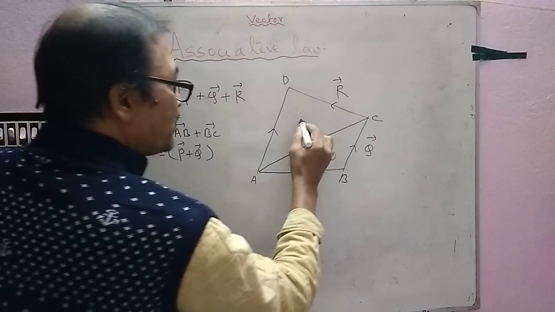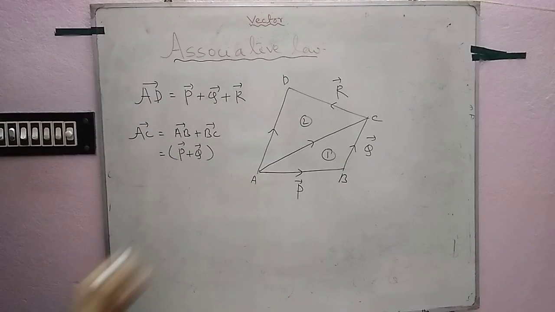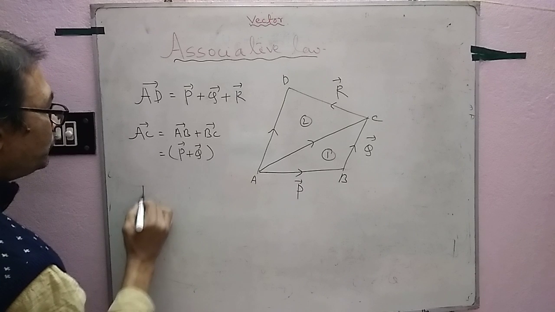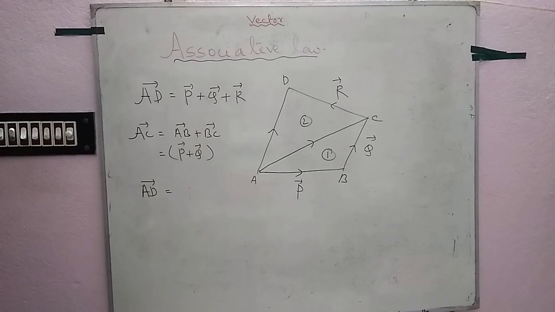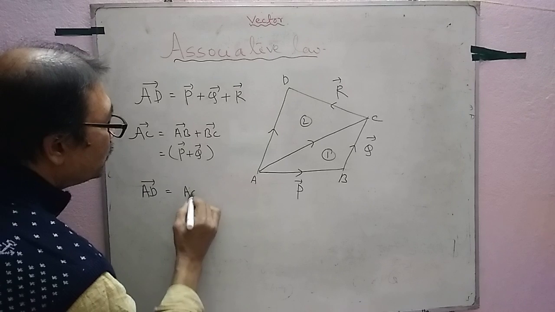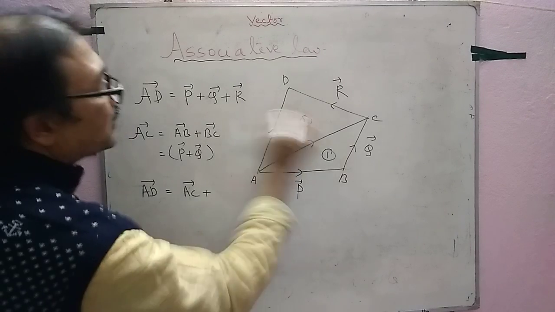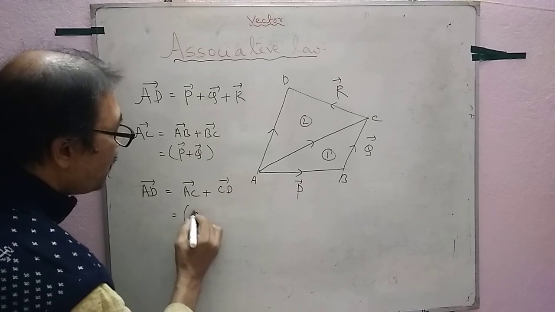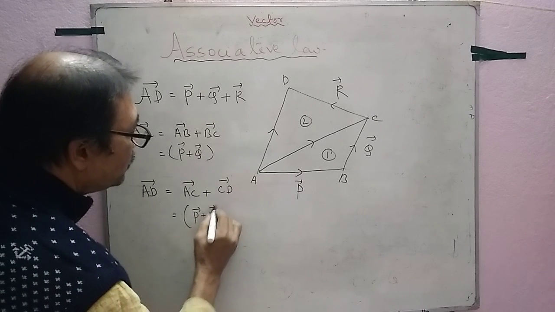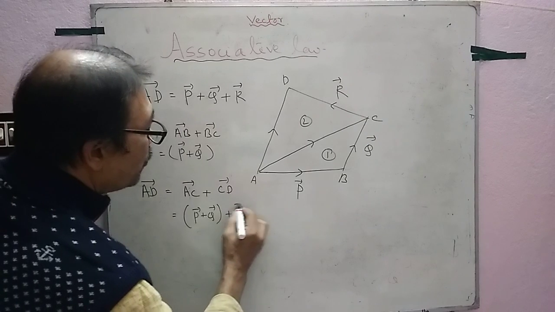Now from this second triangle, resultant AD equals AC plus CD. Value of AC is P plus Q, plus R.